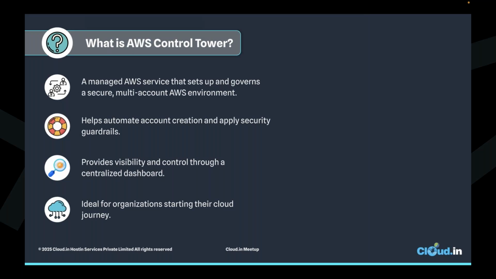It allows you to create new AWS accounts quickly using predefined templates, and it will also automatically apply security controls to all your AWS accounts, known as guardrails. These guardrails ensure that every account follows your organization's security and compliance policy from the very beginning.